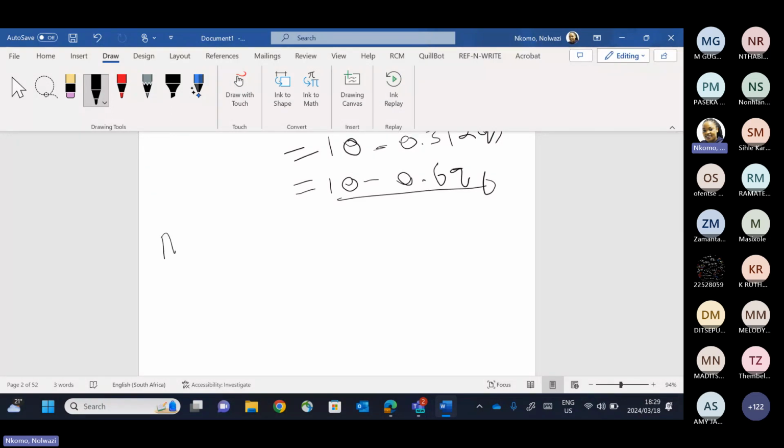You go to the marginal revenue where there is Q, and you substitute that with 15. So we have 10 minus 0.6 times 15.